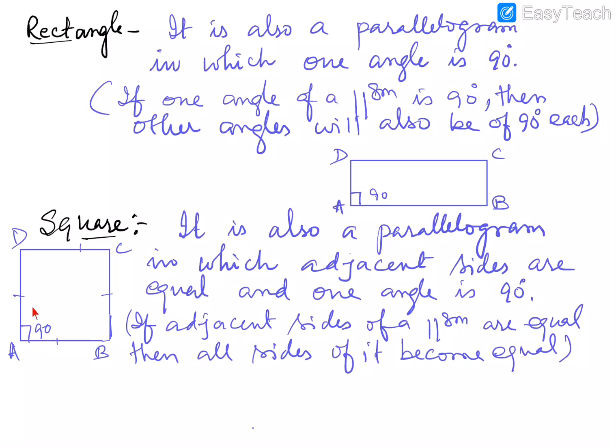If one angle of this parallelogram is 90 degrees, then all the angles will be 90 degrees. So in a square, all the sides are of equal length and all the angles are of equal measure, which is 90 degrees.